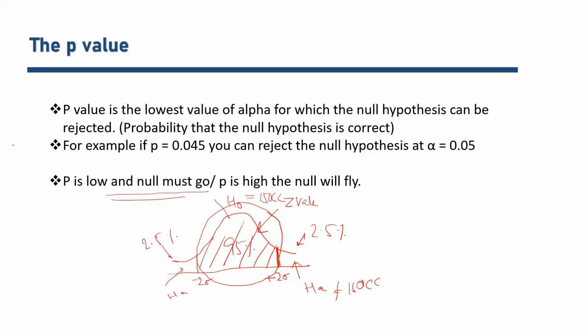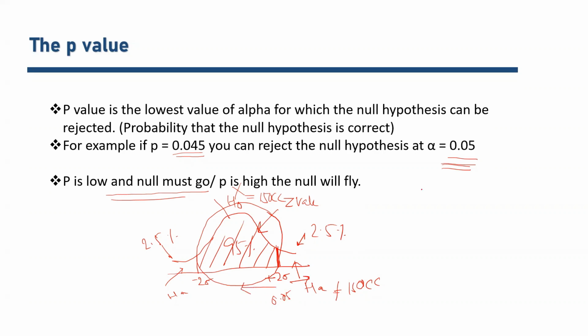Right? So if your P is very low, say, for example, it is lower than 0.05, here your P value is lower than 0.05. In that case, you will reject the null hypothesis, because anything less than 0.05 is here, and anything greater than 0.05 is going to be here.